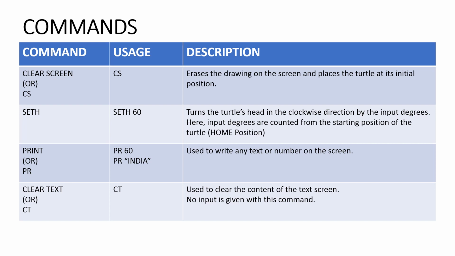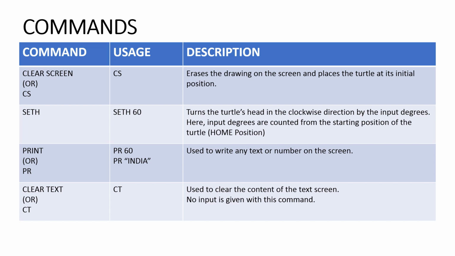Now you will ask what is the difference between the left and right commands that we have seen in the earlier slide. The difference is that the input degrees are not counted from the current position of the turtle as in the left or right commands.